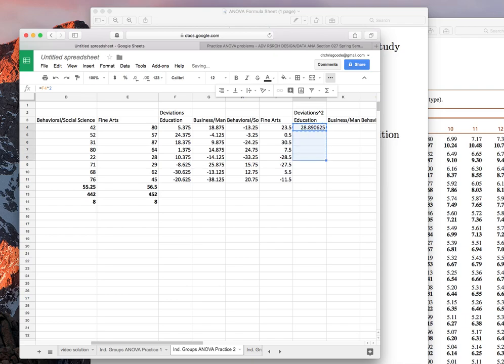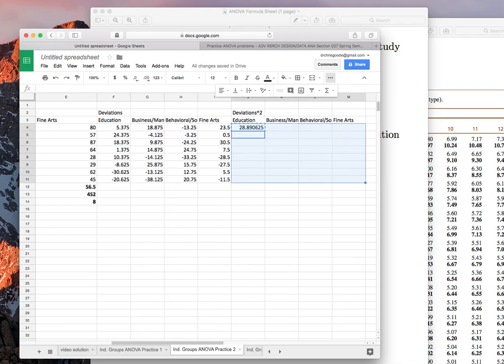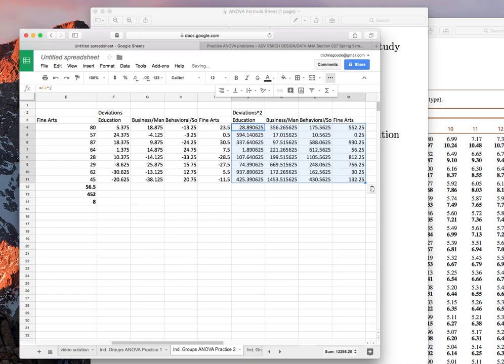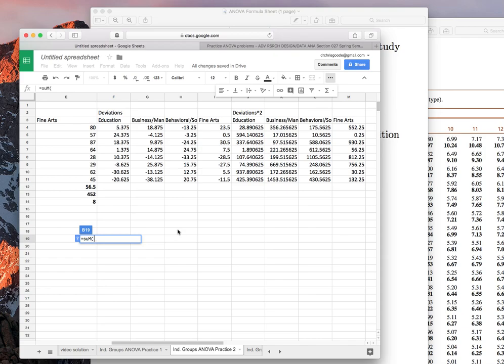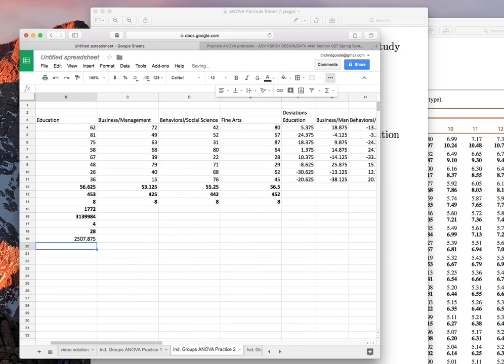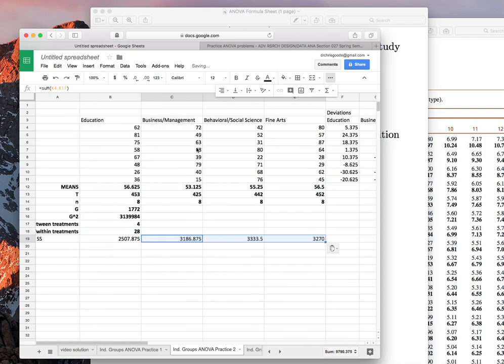And then we'll do that for all these groups. Okay, now we can do sums of squares for each one of these groups. That's just the sum of the education squared deviations, and just copy and paste that all the way across to get our sum of squares for each group.